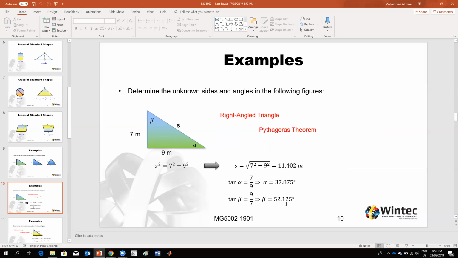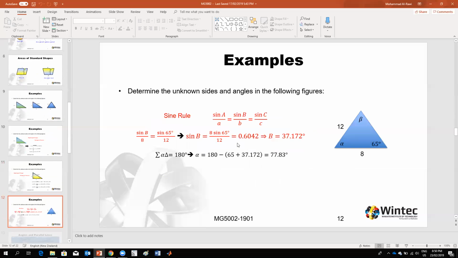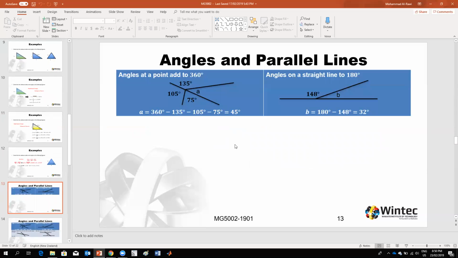And beta will be equals to 52.125 degrees. And the same thing, you advise you guys to try it with other examples, such as you tried in the class.